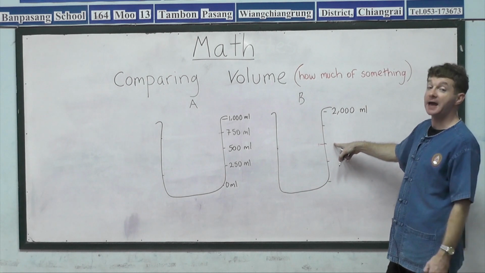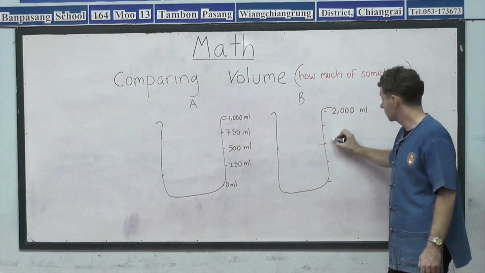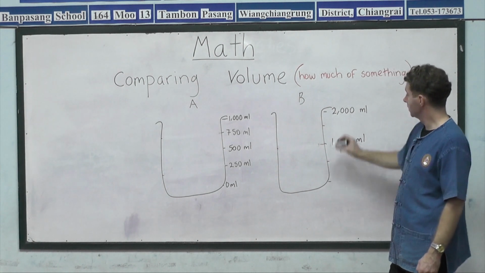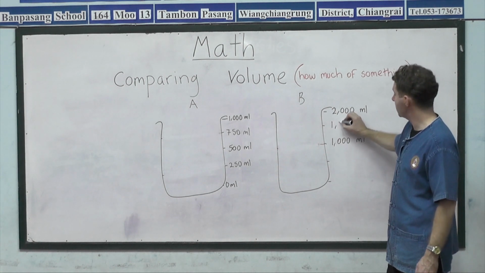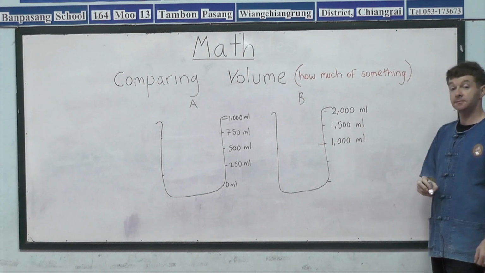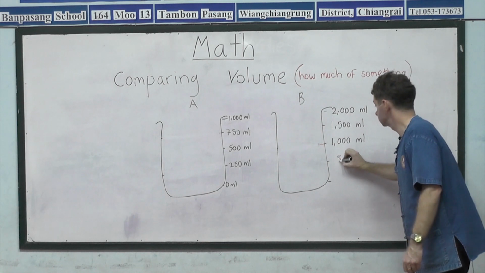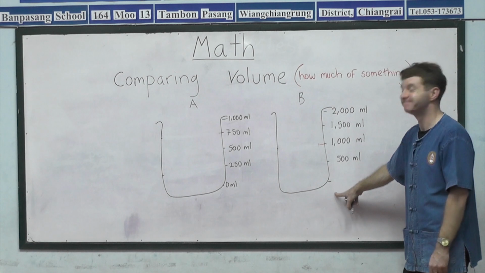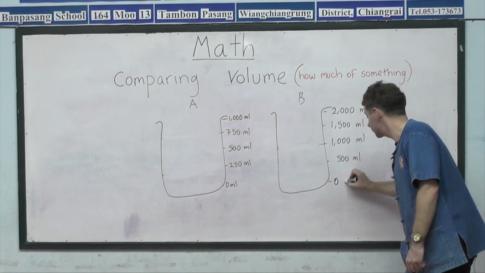So halfway now will be 1,000 milliliters. Here will be 1,500 milliliters, and always at the bottom, empty, 0. We always start with 0.